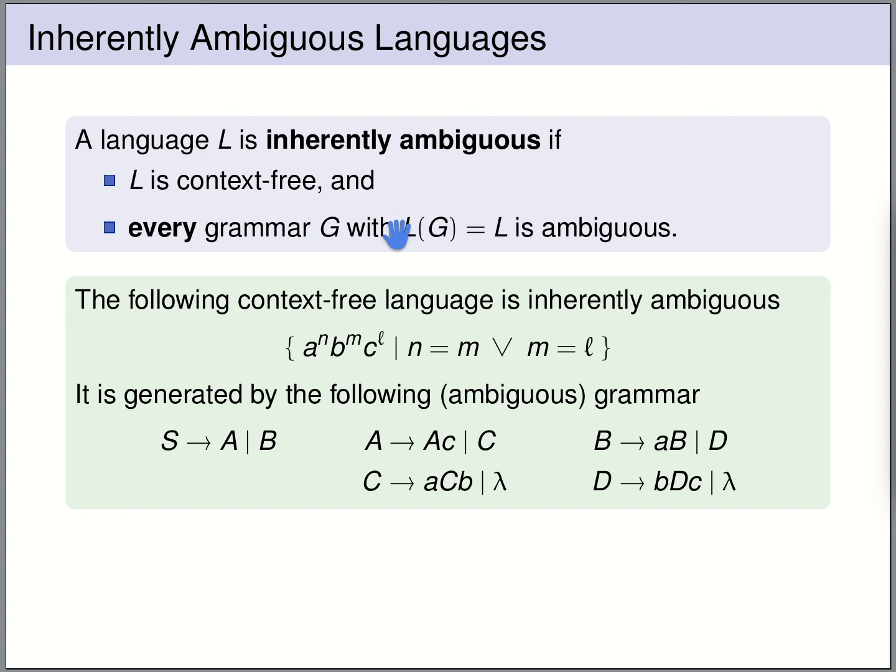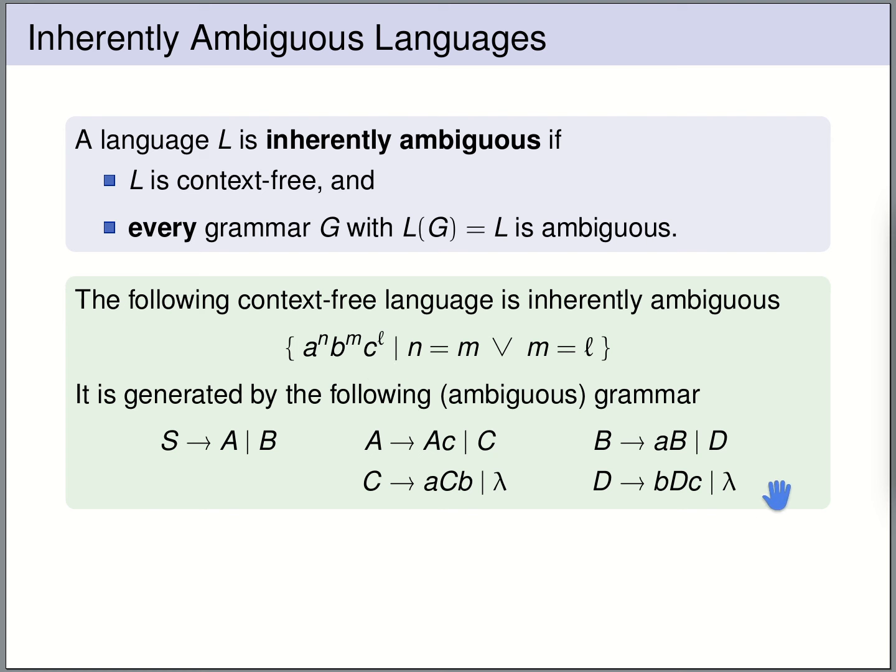One such example is this language. So we have words of the form a to the n, b to the m, c to the l, such that either we have the same amount of A's and B's, or we have the same amount of B's and C's. This language can be defined by a context-free grammar.